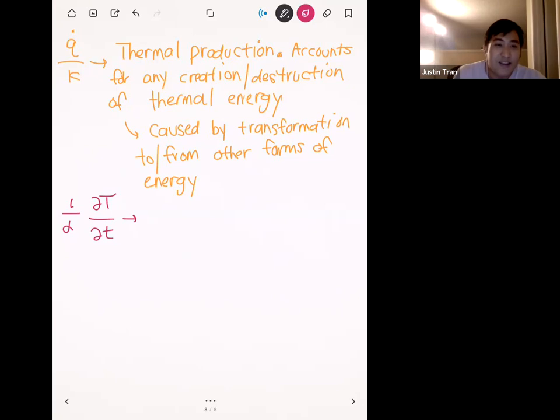This is the derivative of temperature with respect to time. It represents any kind of unsteadiness in our equation. What this term represents is any kind of temporal storage or depletion of energy.